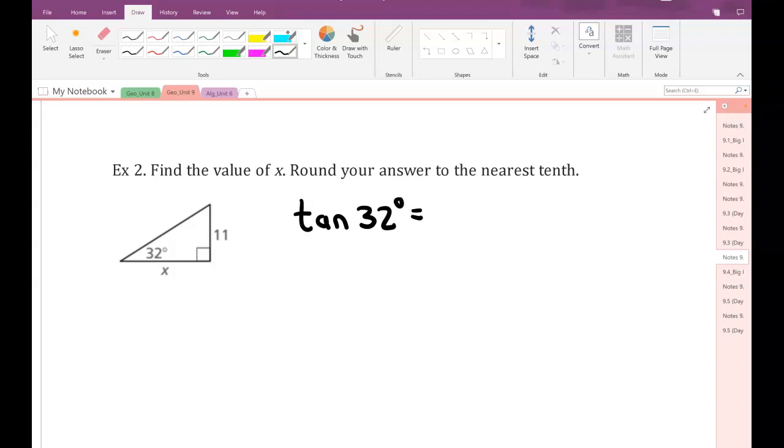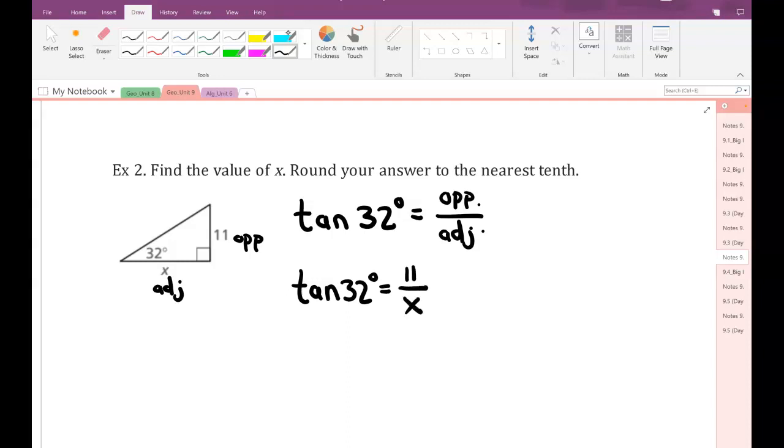Well, that's still going to be equal to our opposite side divided by our adjacent side, where 11 would be our opposite. 11 is opposite of our 32 angle, and x is adjacent to it. So, like we did in the last problem, we can plug our values in. Tangent of 32 degrees is equal to the opposite, which is 11, divided by our adjacent, which is x.